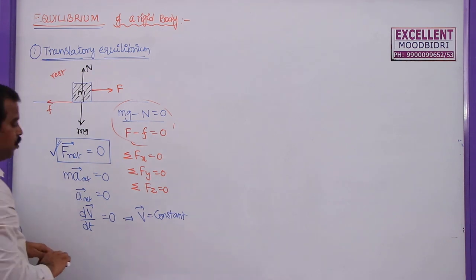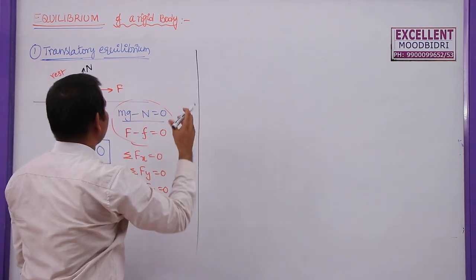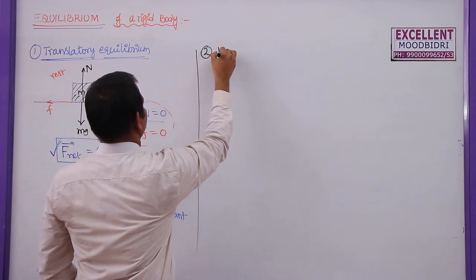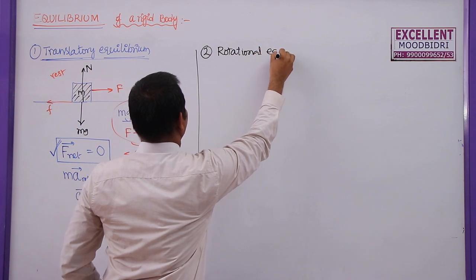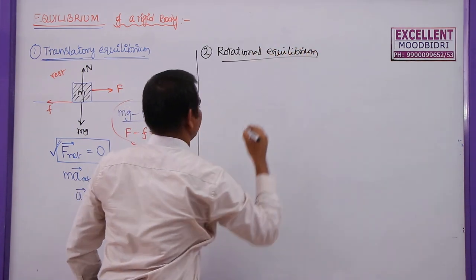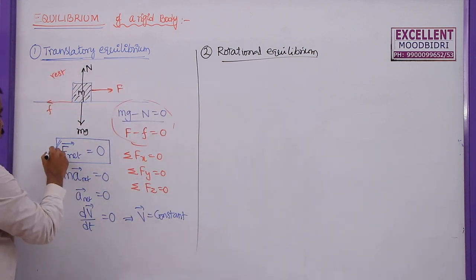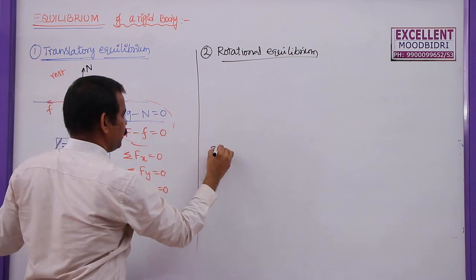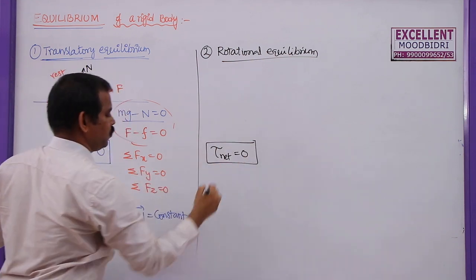Now, when is a body said to be in rotational equilibrium? As you know, here the net force acting on this body is 0, and here the net torque acting on this body should be equal to 0.